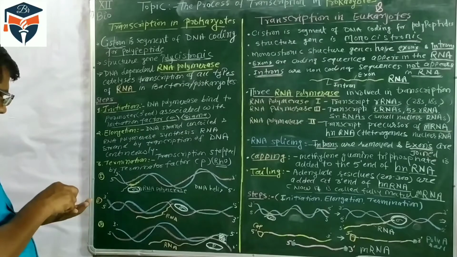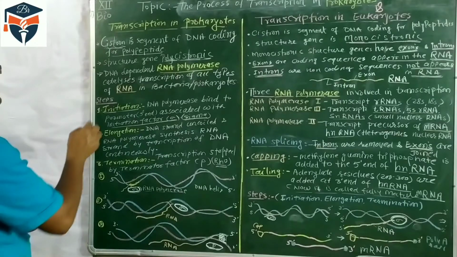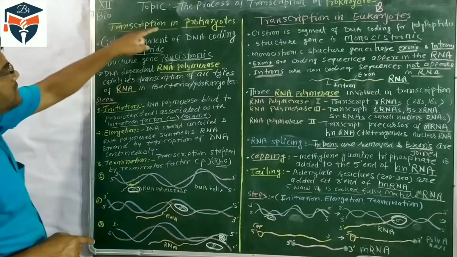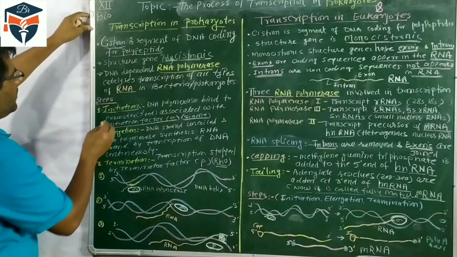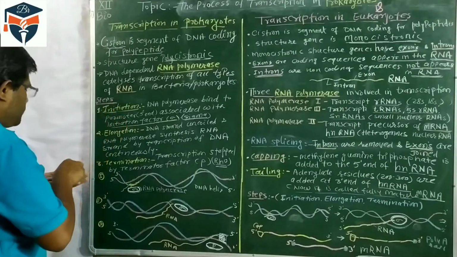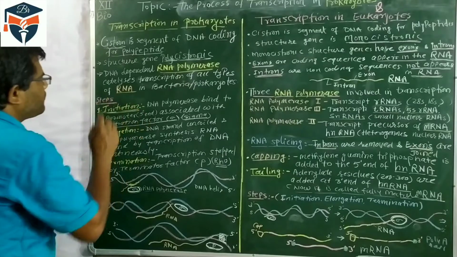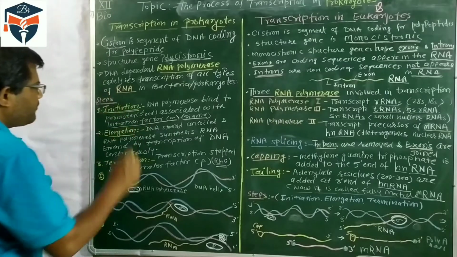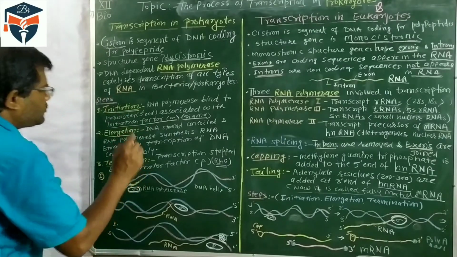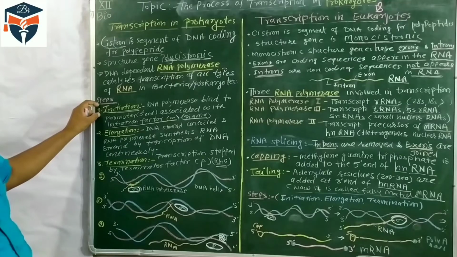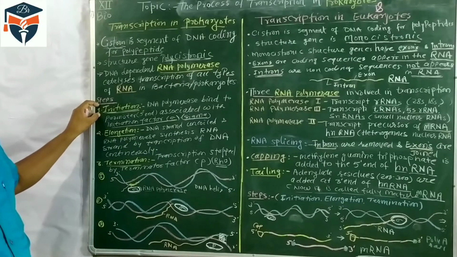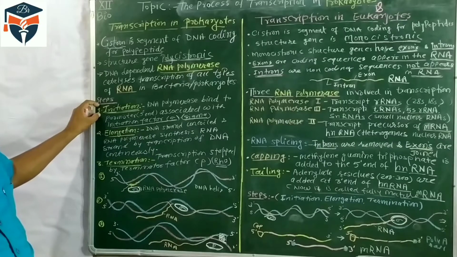So, students, we have three important steps for transcription in prokaryotes. One is initiation. The first step is initiation. Second, elongation. And third, termination. Initiation simply means the process of transcription is started.